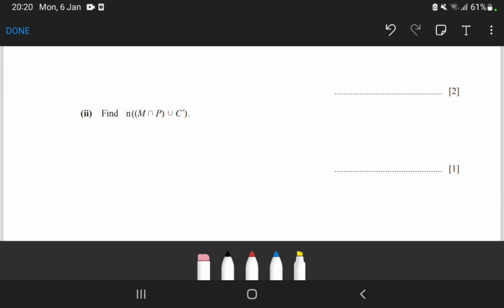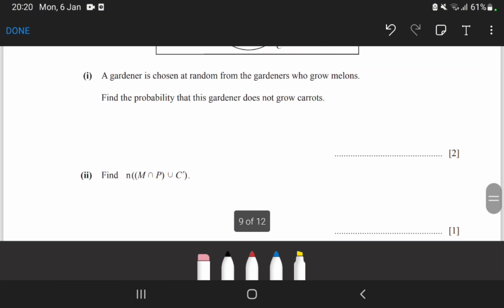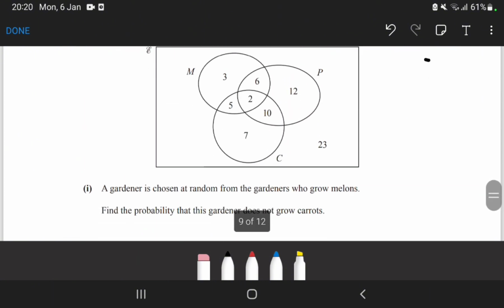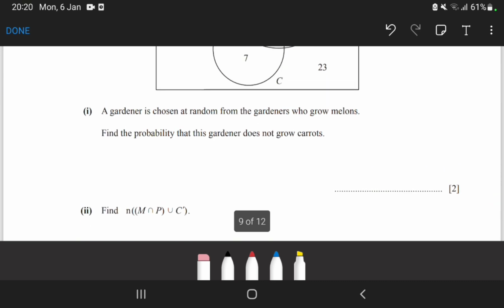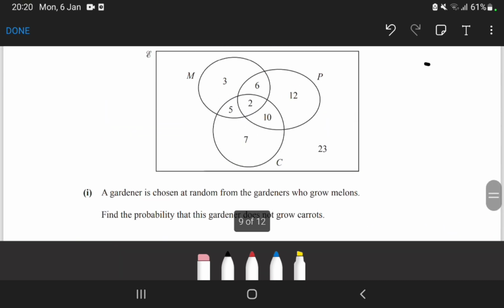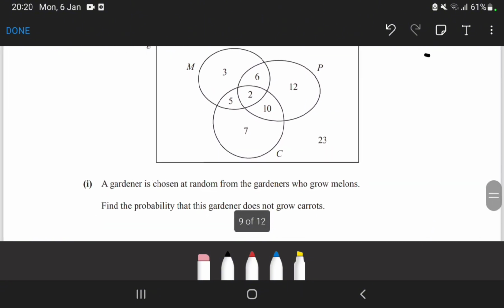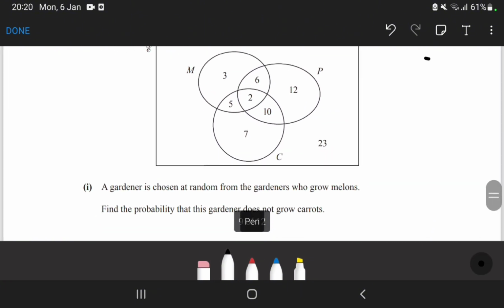The number that M intersection P union C prime. M intersection P will be in black. M intersection P is this.